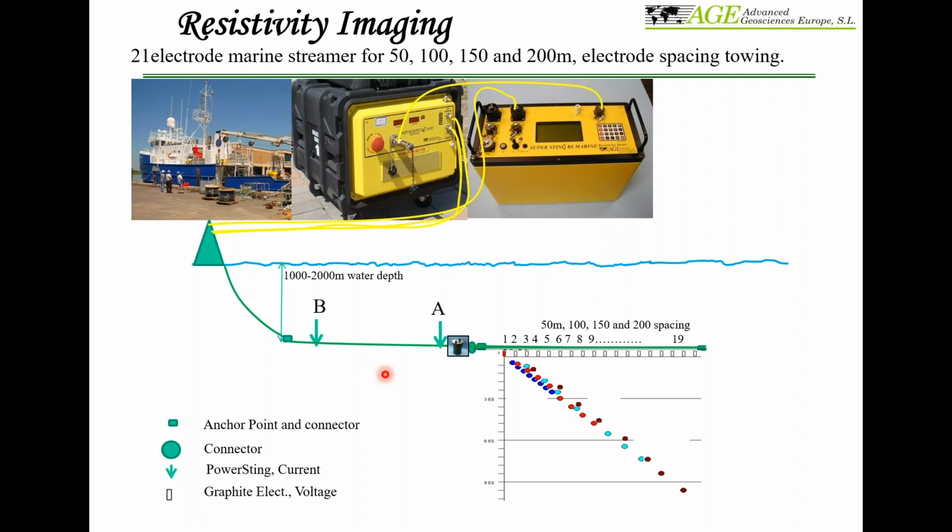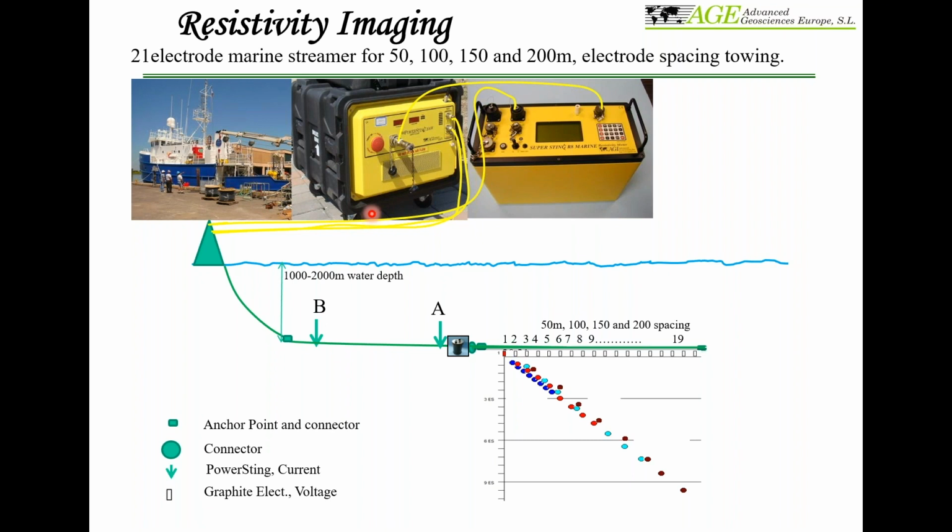But sometimes in very deep studies, especially deep ocean bottom studies, you may need to inject more current to get deeper information. In that case, you may use SuperSting Marine together with PowerSting, the external transmitter.